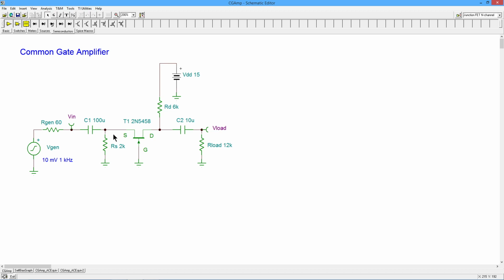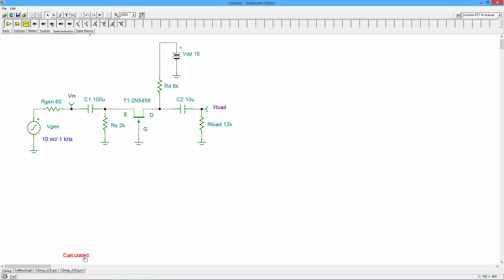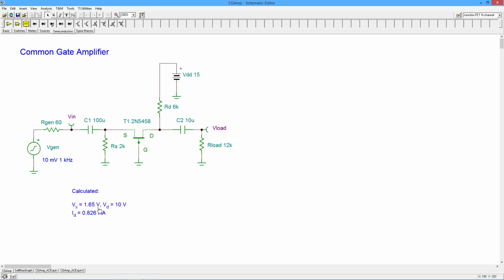Same sort of deal, I take that current and pass that through a 6K, a little over 0.8 of a mil. That's going to give us about 5 volts across RD. We have a 15 volt power supply, so that's going to leave us with about 10 volts sitting at the drain. These are our DC potentials. So let's just pull these up. I'll put them up here. Those are the values that we would expect.